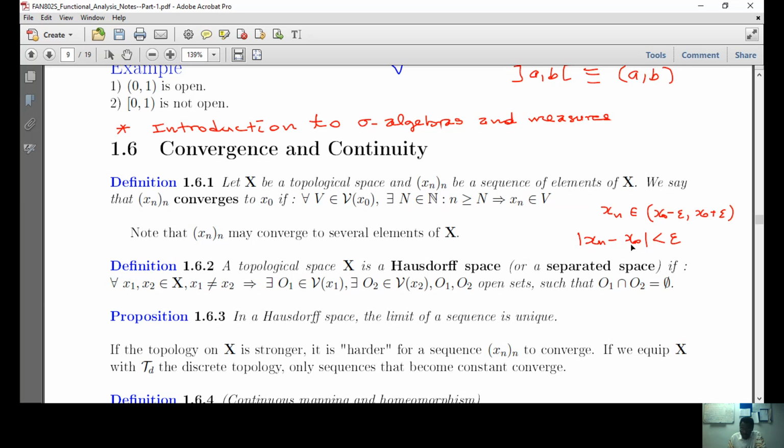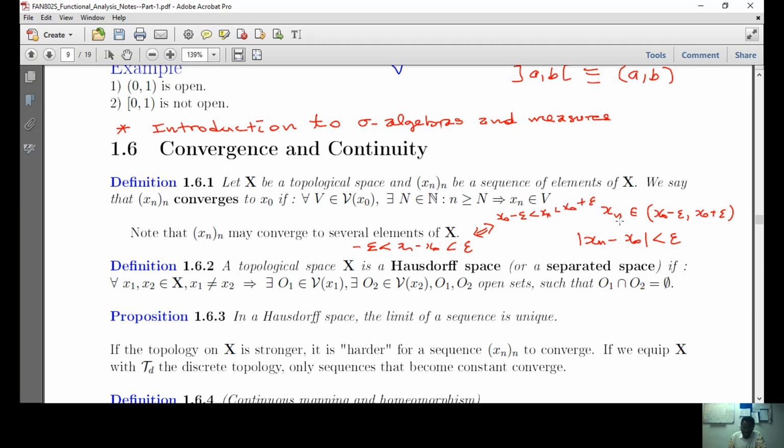Now, you also know that this is equivalent to what? That this is in between negative epsilon and epsilon, right? So if you rewrite this, you write it as negative epsilon less than xn minus x0 less than epsilon. And this is equivalent to what? If I add x0 on both sides, that will be x0 minus epsilon less than xn less than x0 plus epsilon.